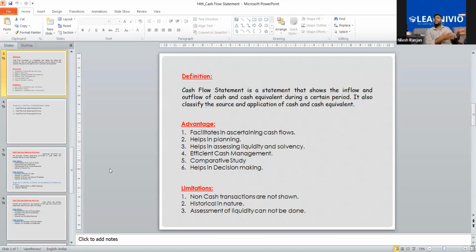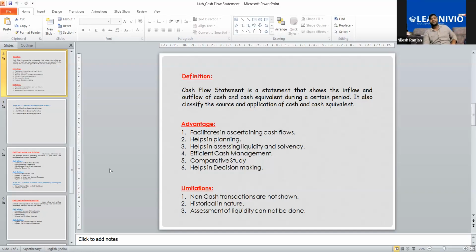So 3 lakh is already happening and 3 lakh additional, so total cash we need is 6 lakh, and we have cash inflow of 5 lakh, assuming it is the same next year. In that case we have to arrange this 1 lakh extra fund. That's why it helps in forecasting cash inflow and outflow, so it helps in planning also. So the first is facilitates in ascertaining cash flow, and the second is helps in planning.